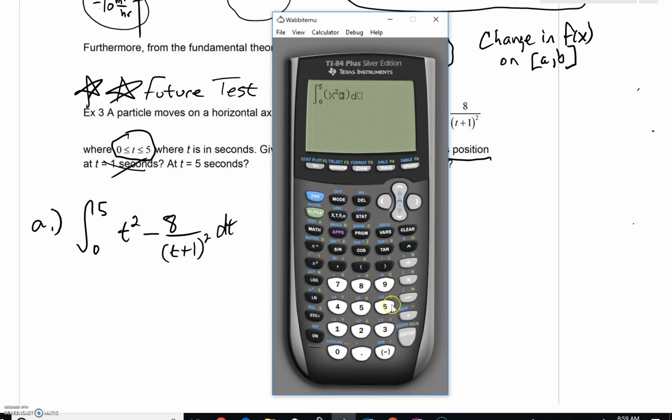I'll have x squared minus, let's get a fraction, second, or alpha y equals, and we'll get 8 over parentheses x plus 1, square that. And guys, as you work this out, it's only going to take you a moment. That's going to be 35.